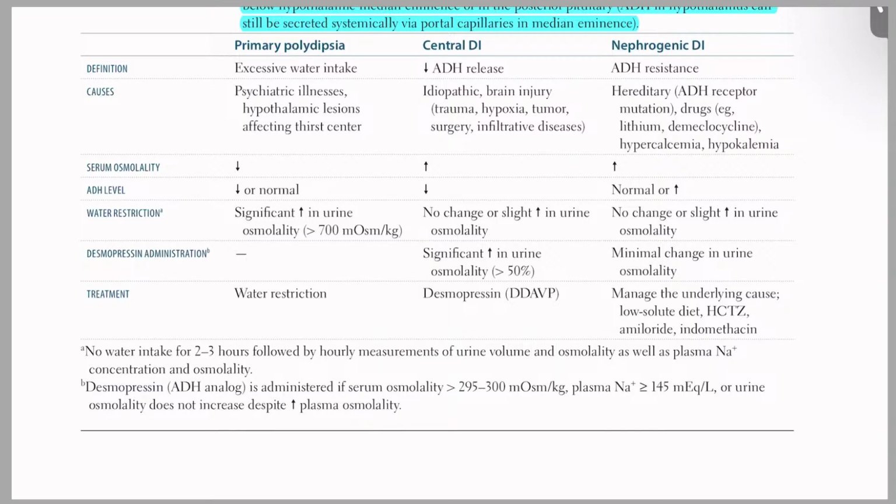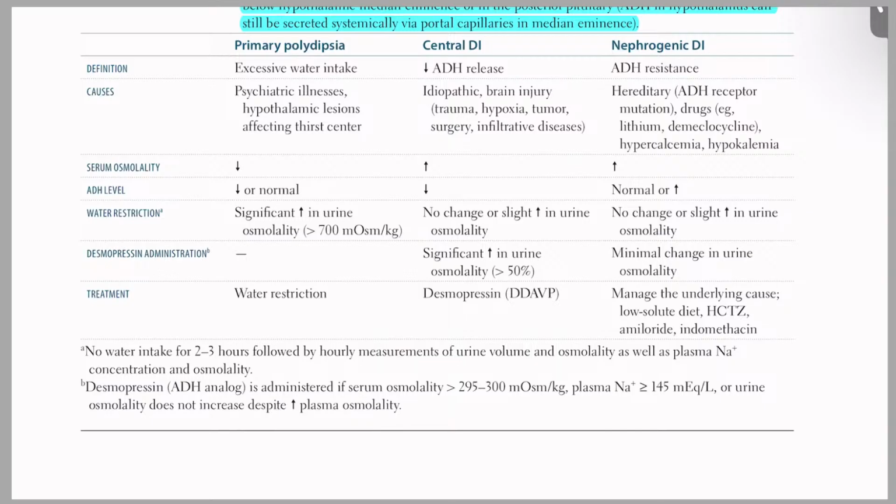Water deprivation test: no water intake for 2 to 3 hours followed by hourly measurement of urine volume and osmolality, as well as plasma sodium concentration and osmolality. Okay, got it.